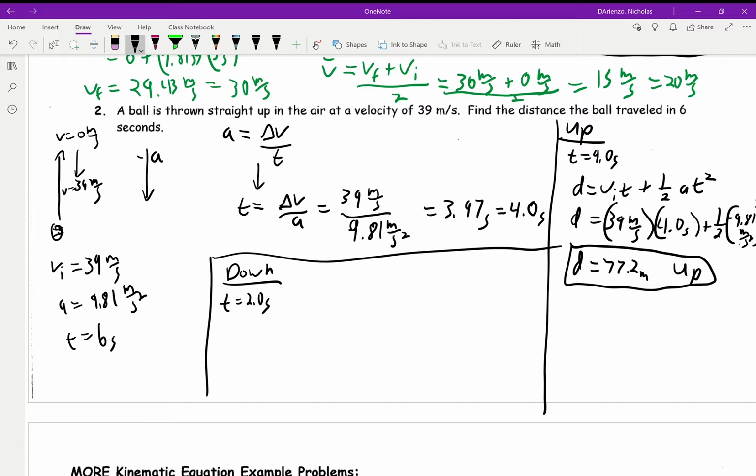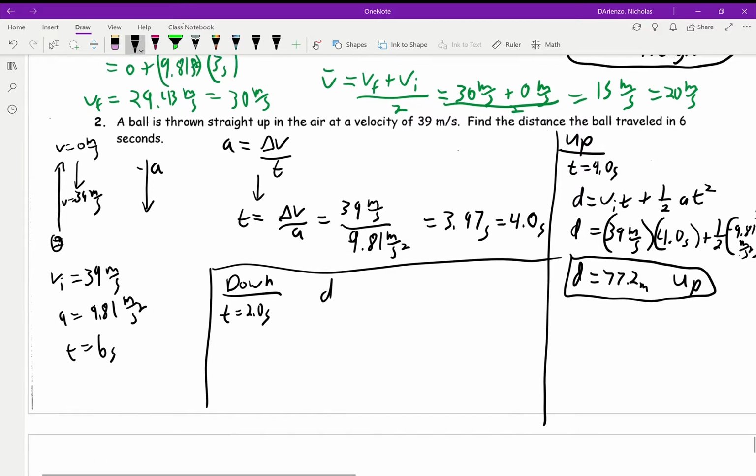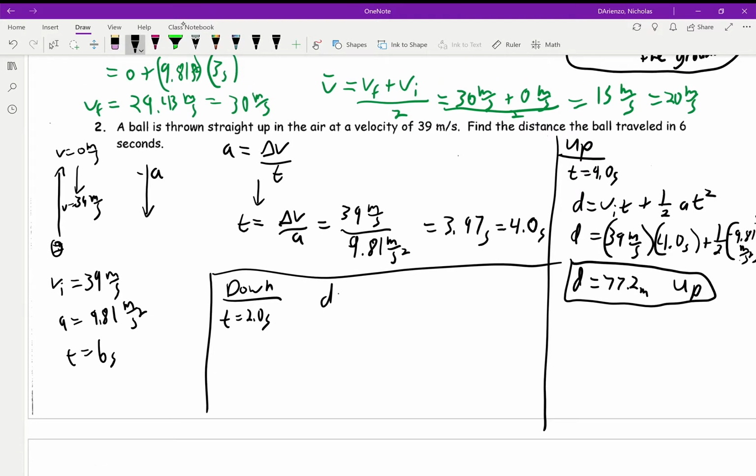So we're going to use the same equation here. d equals v_i t plus 1/2 a t squared. Our initial velocity here is 0, so for the 2 seconds there, it doesn't quite matter. We have 9.81 meters per second squared for our acceleration times that time of 2.0 seconds squared.